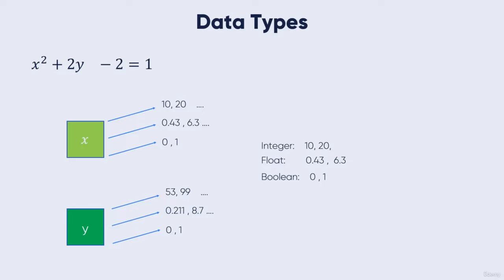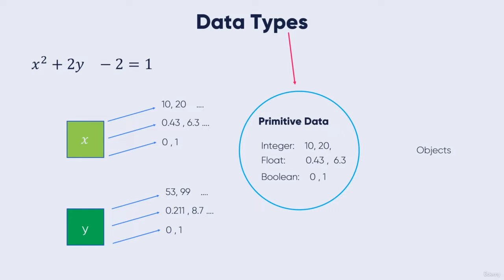For that purpose, a data type reduces the coding effort. At the top level, there are 2 types of data types: the primitive data, which are integer, float, or Boolean, and another type called user-defined data types, such as objects.